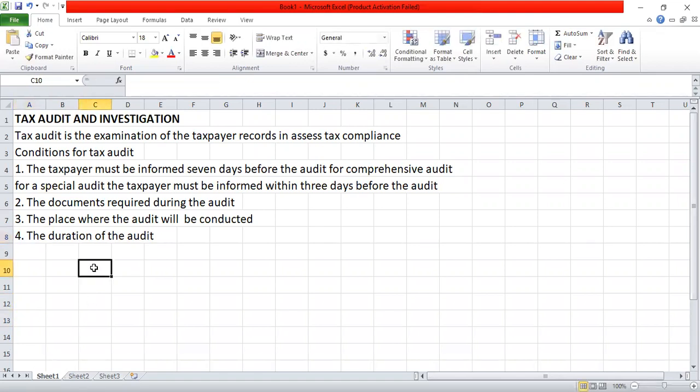So another thing we can talk about is the types of audits. Well, before we look at the types of audit, we can talk about the unique audit principle, or new audit.